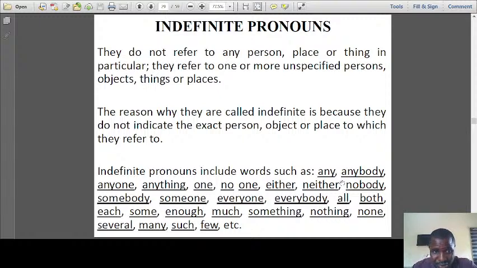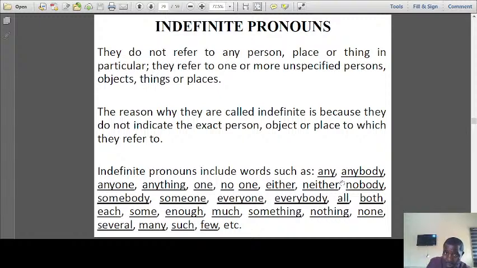So if you say someone is calling you, the exact person is not indicated. It is just like an interrogative pronoun. It could be John who is calling you, but you don't want to mention somebody's name, so you use a pronoun.